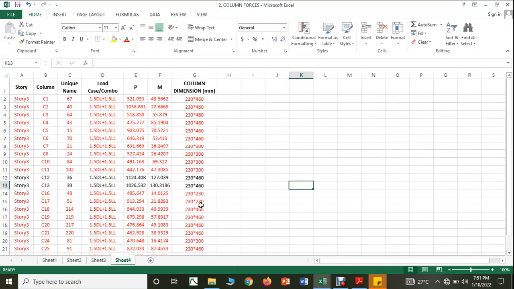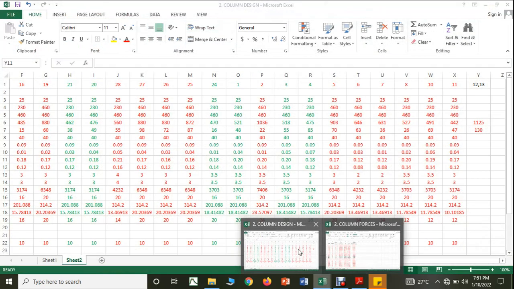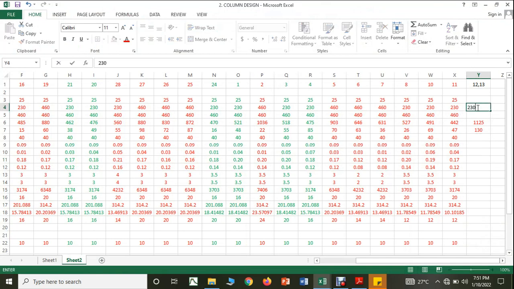Let us make the value of moment as 130, and column dimension is 230 by 460. Okay, the column dimension is actually 230, 460, so 25, right? Yes, so if I am maintaining the 40 as the d dash, if I calculate it is 0.09, but you can see it is 0.11 and the actual load is 0.43. Definitely it will be very high.